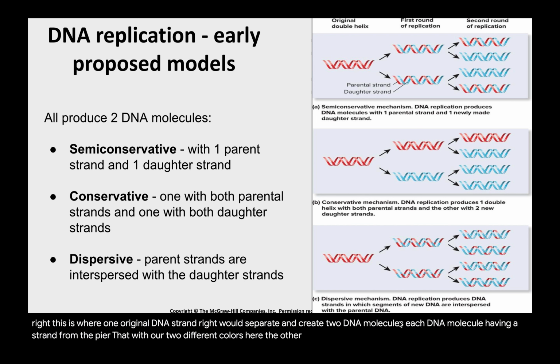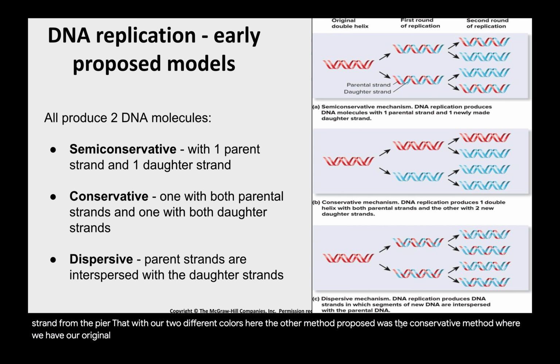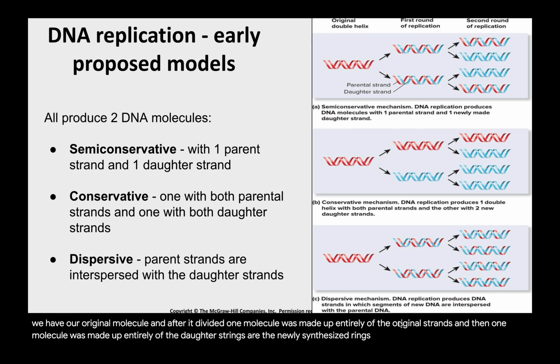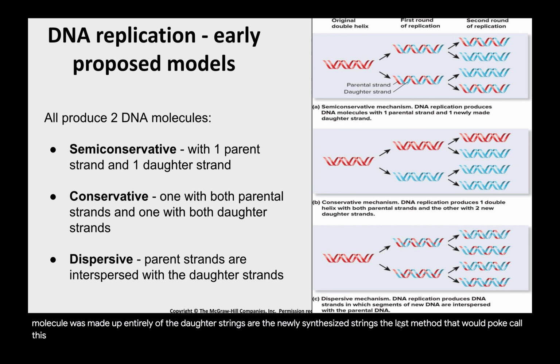The other method proposed was this conservative method, where we have our original molecule, and after it divided, one molecule was made up entirely of the original strands, and then one molecule was made up entirely of the daughter strands, or the newly synthesized strands. And then there's this last method that was proposed, called the dispersive method.